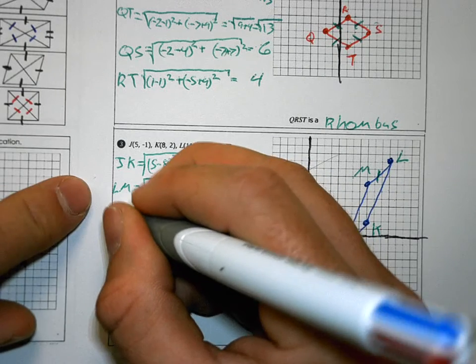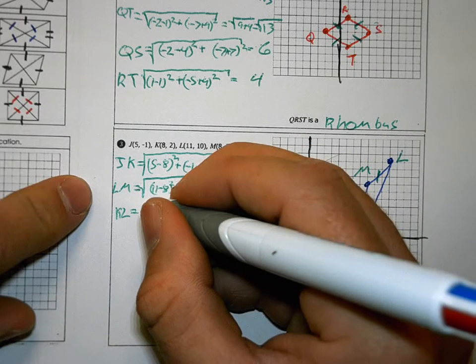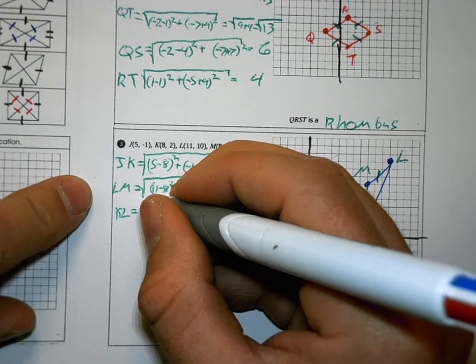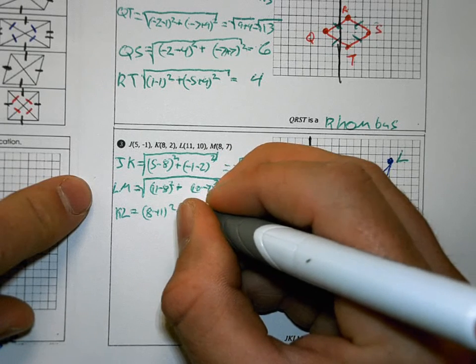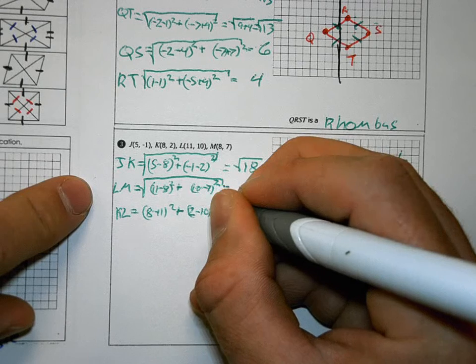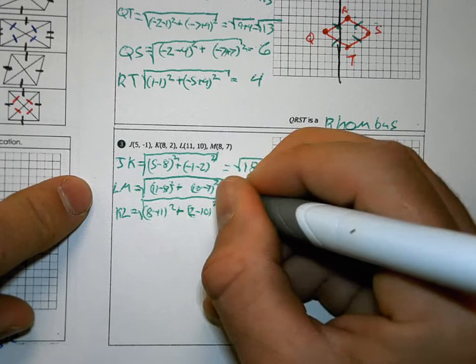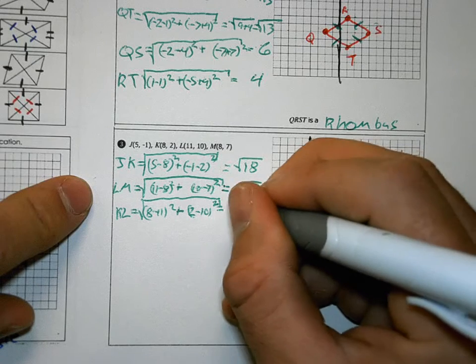Let's check KL. The side length here: 8 minus 11 squared, 2 minus 10 squared. You get 9 plus 64, which is the square root of 73.